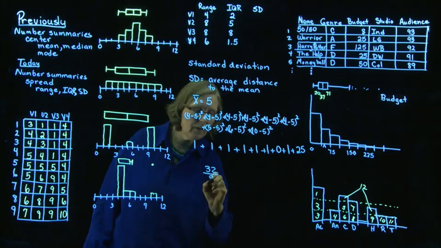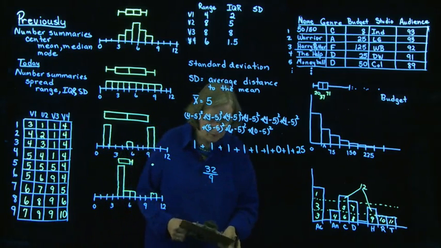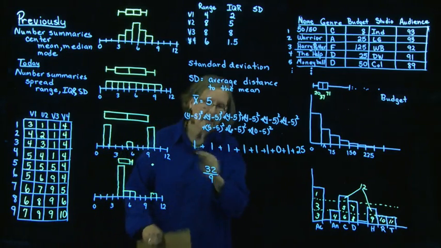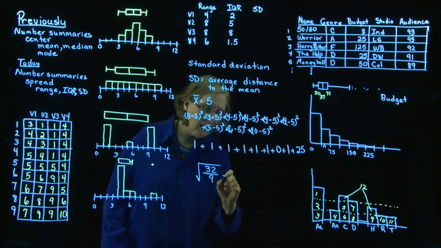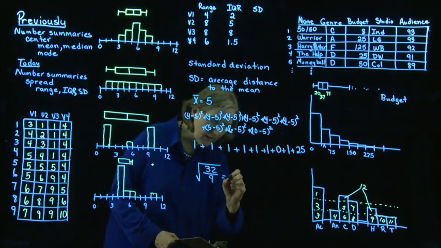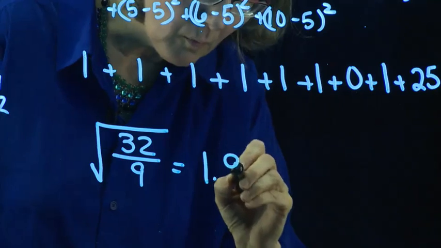Dividing by the number of observations is 32 over 9. And now we're in squared units, so we need to take the square root. And that gives us a standard deviation of 1.9.